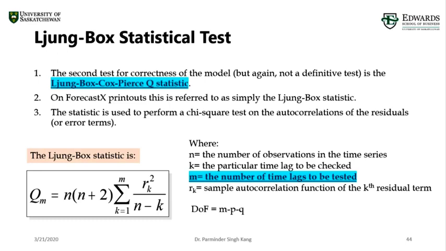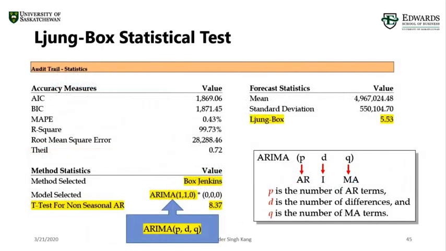Then P is the number of lags for the autoregressive model, and Q is the number of lags for the moving average model. Make sure you look at the values of P, Q, and M in order to get the correct degrees of freedom. Here are the results after applying the ARIMA model through ForecastX on the GDP data.